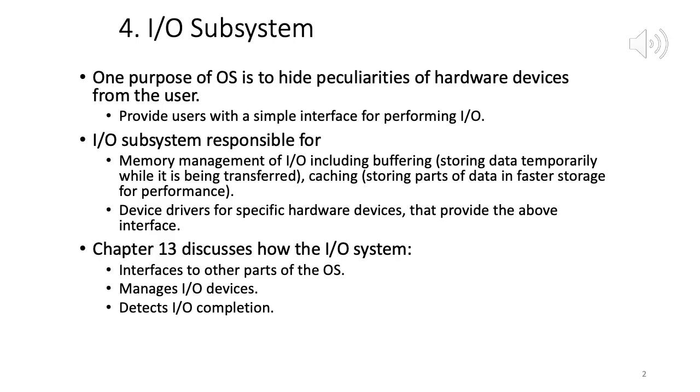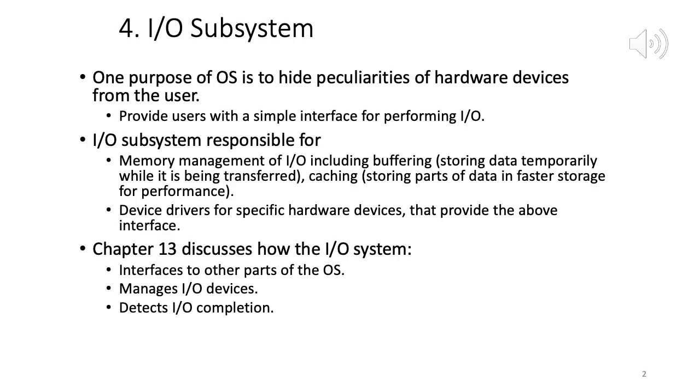Whenever data from some kind of input device is written, it's written to a buffer, and then the OS can read it. So it is just about synchronizing the write from the device and the read by the OS. Memory management of IO also includes caching, which means storing parts of data in faster storage for performance.